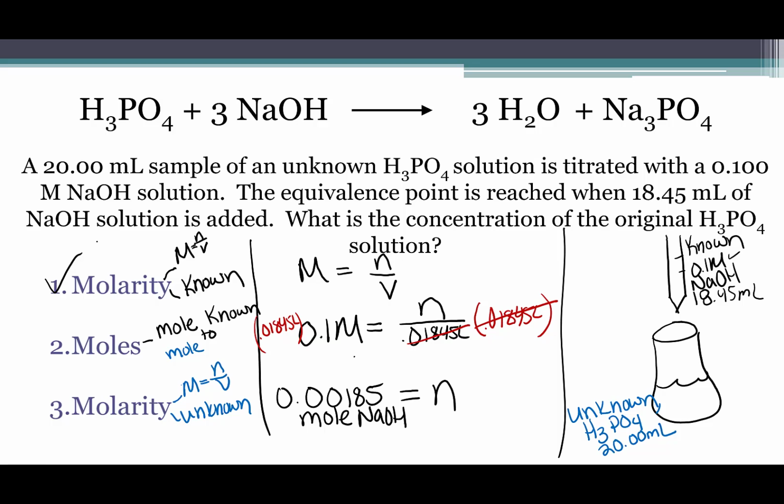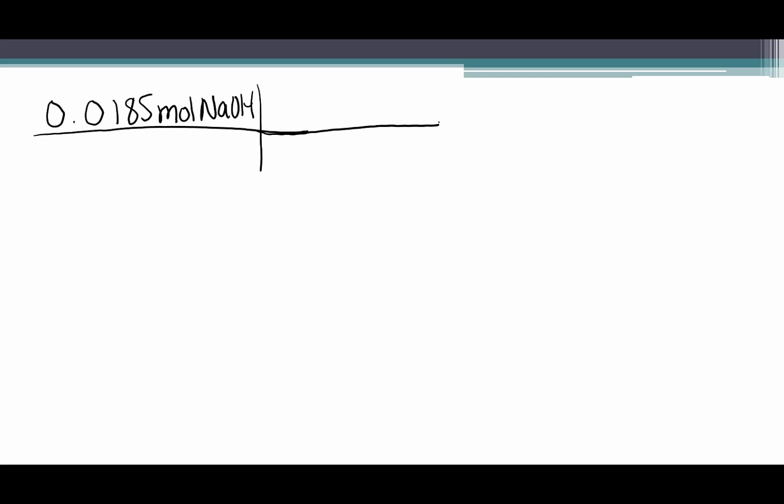Step 2, we are going to go from our moles of known to moles of unknown using stoichiometry. So that's that mole to mole step. Okay. So I'm going to take the information from step 1 and I'm going to start my train track. And little to no thought, moles of NaOH goes on the bottom because that's the unit that we're trying to get rid of.